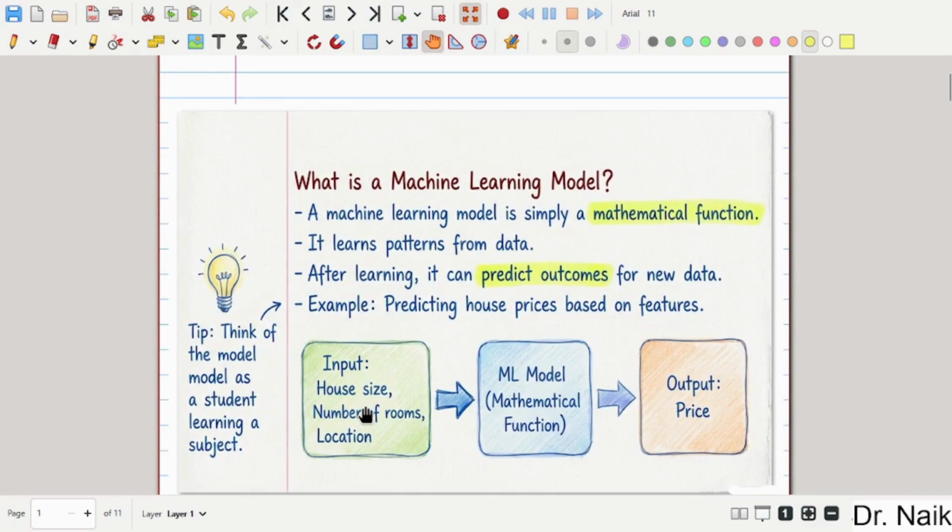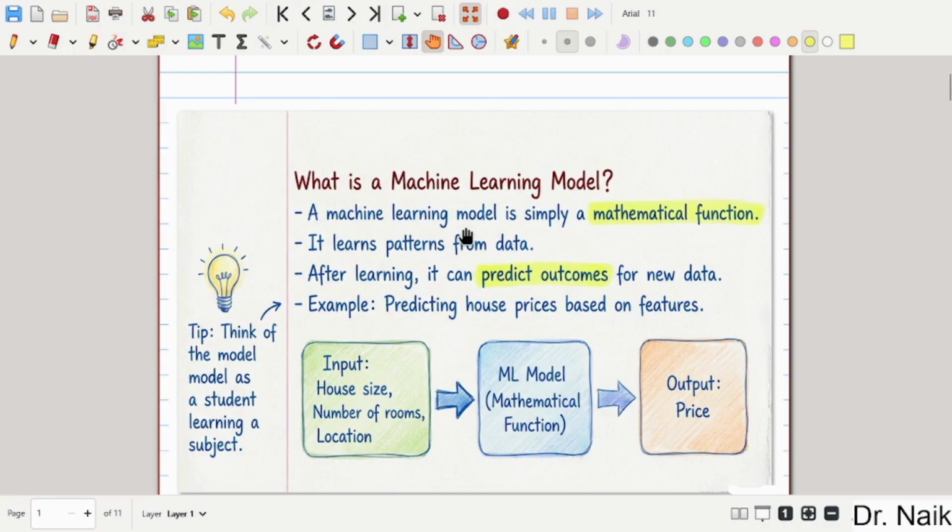House size is 1500 square feet, number of rooms 3 and location is Delhi. Can you guess its price? Probably not, because many factors affect the price.